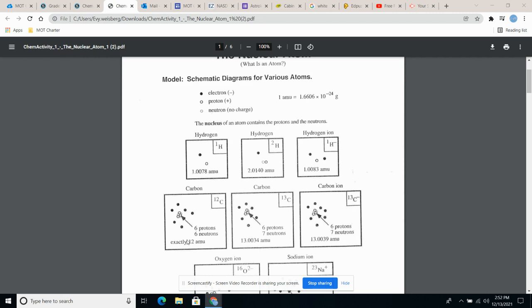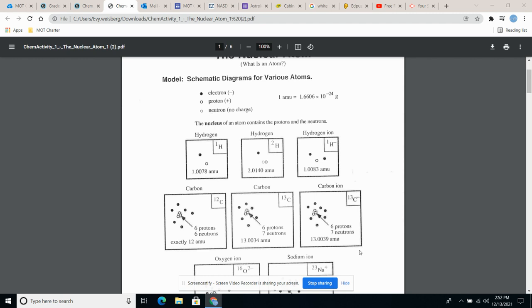And so you can look at AMU right here, and you could just do simple math to deduce the value of one proton, one neutron, and one electron, and therefore find out what the mass of one carbon 14 would be.